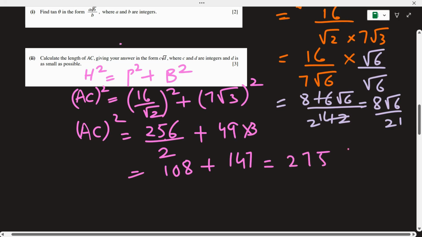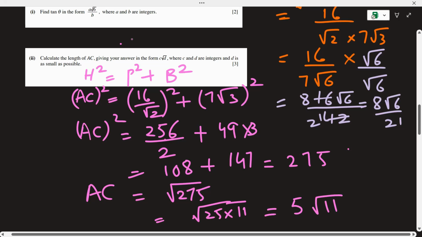275. Now, how can you find AC? You will take root on both sides. So you have to give your answer in surd form. So you can write it as 25 times 11. And you know the square root of 25 is 5.